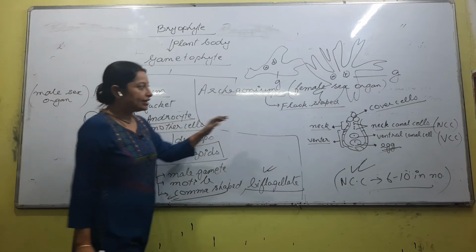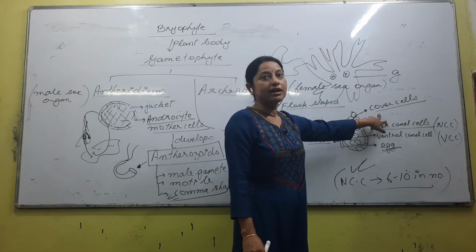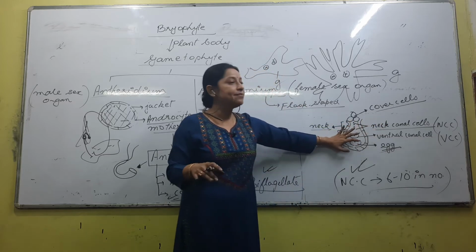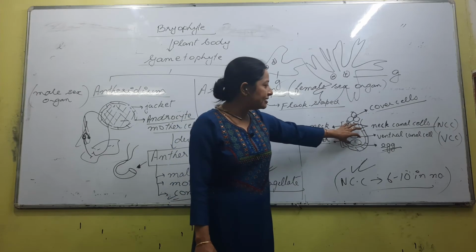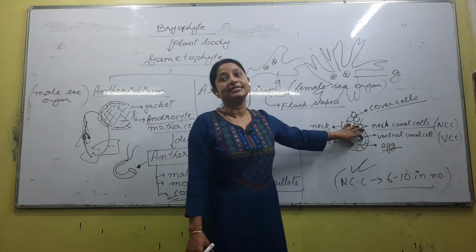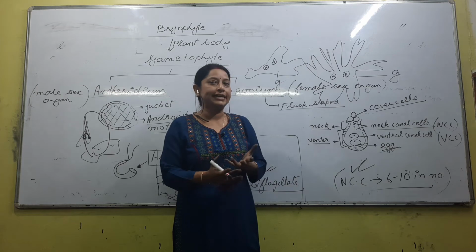Next, coming to archegonia, we have seen something called cover cells in the archegonia structure. So, cover cells obviously will cover the entire structure. So, what happens? The same explanation, when archegonia gets matured, it starts secreting certain types of mucilage inside the archegonia and it starts absorbing the water that is outside. Right?